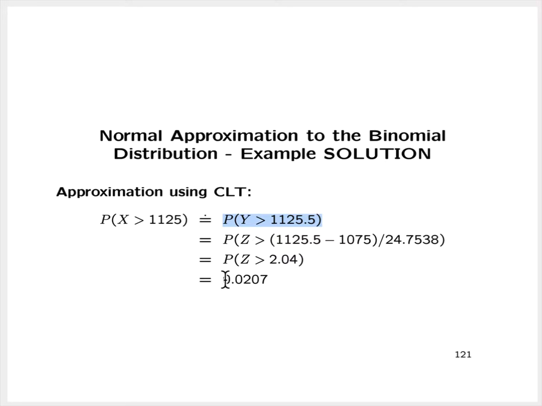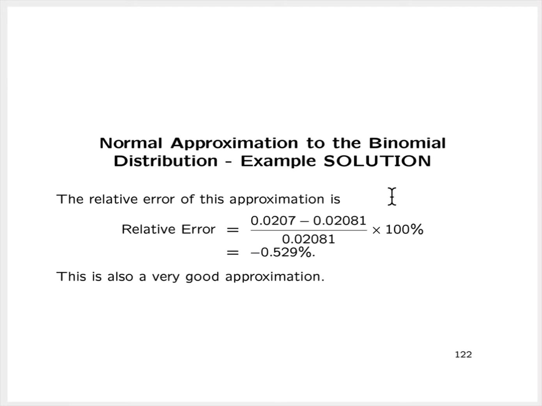All right, and so then when we go through the calculations, this probability is 0.0207. Now that's very close to the true value, 0.02081. In fact, the relative error is negative 0.529%. So about 0.5% low. And so that is, again, a very good approximation.